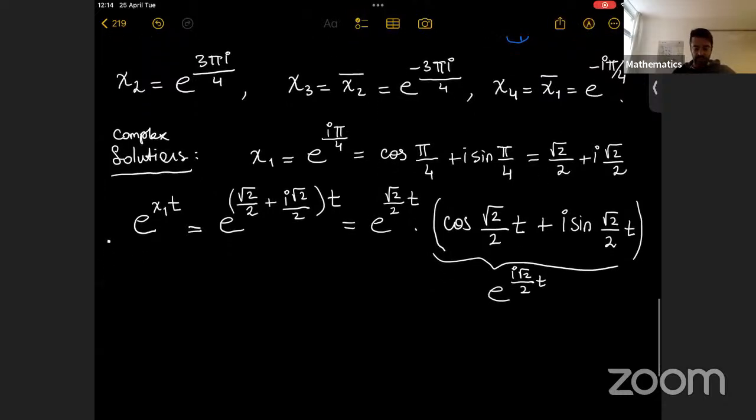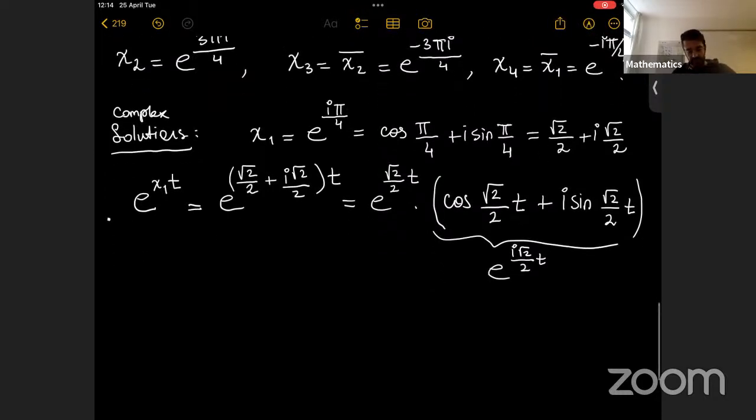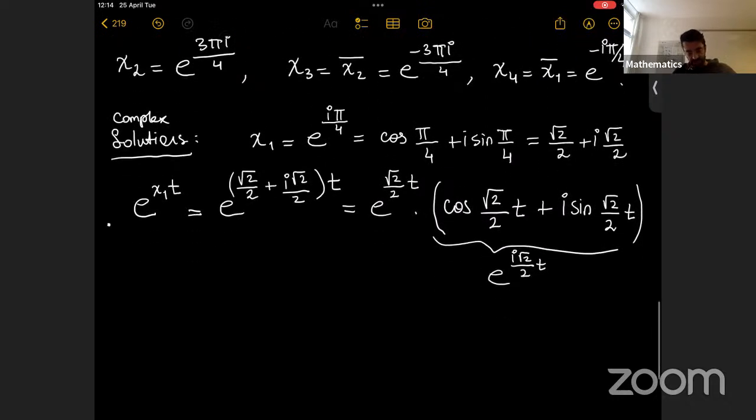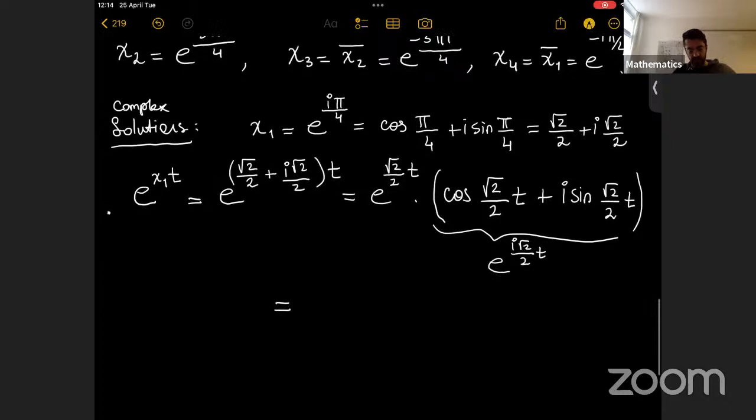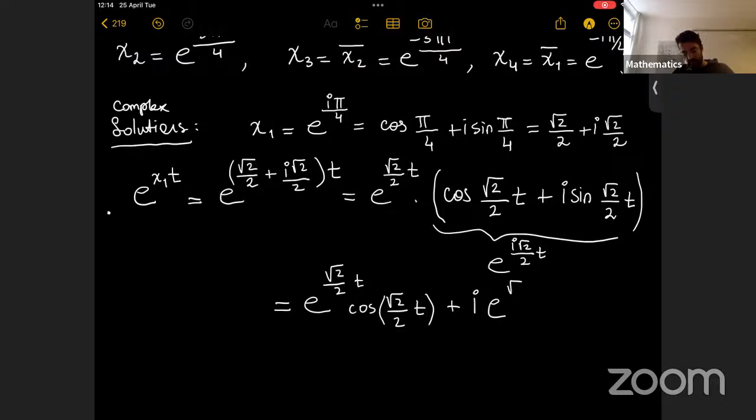From this, we have real part and imaginary part. You can write this as, let's continue this here, e to the root 2 over 2 t cosine root 2 over 2 t plus i times e to the root 2 over 2 t times sine root 2 over 2 t.